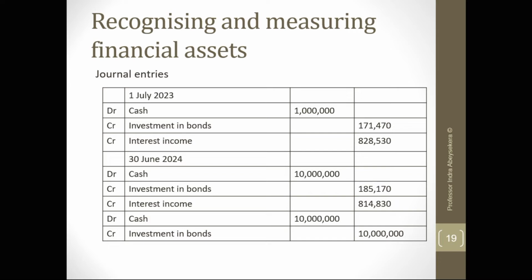So 2023 and 2024. 2024 is the fourth year. So we can see that we record the normal journal entry, and there's excess bond cash of 185,170. And then finally, the investment in bond is being paid out in cash, and the acquirer receives cash at the end of the fourth year.